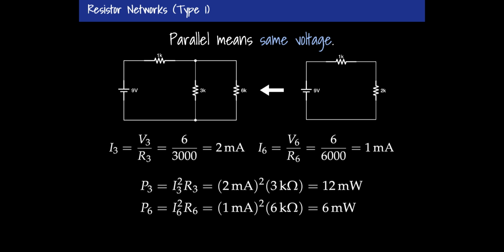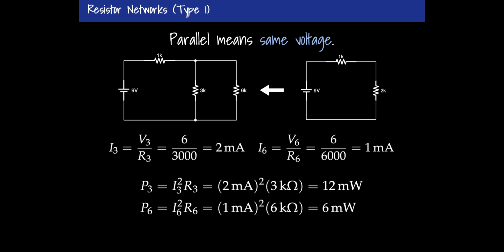I can find its current using Ohm's law. I is equal to V over R, in this case, I3. You see what I did there? Current 3 is in the 3K resistor. My notation tells me specifically what I'm talking about. I3 is V3 divided by R3, which is 6 divided by 3,000, which is 2 milliamps. 2 milliamps of current flow in this branch.